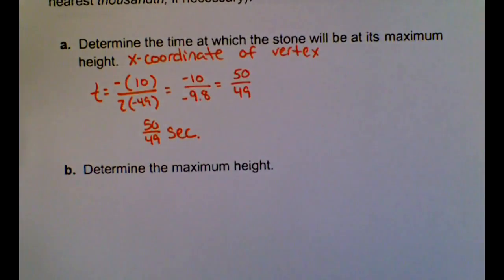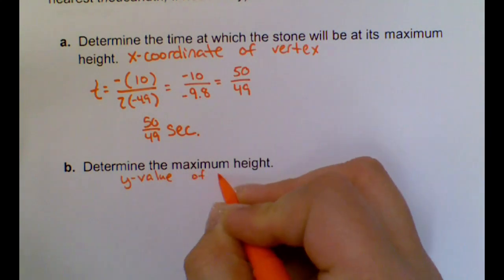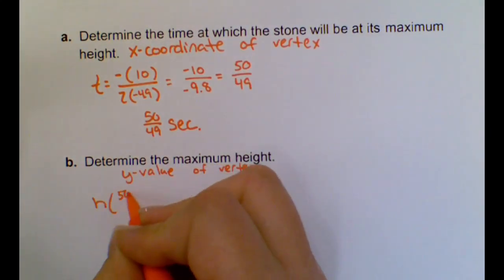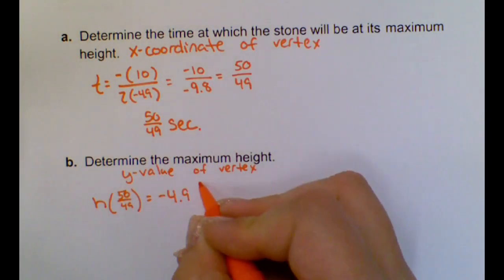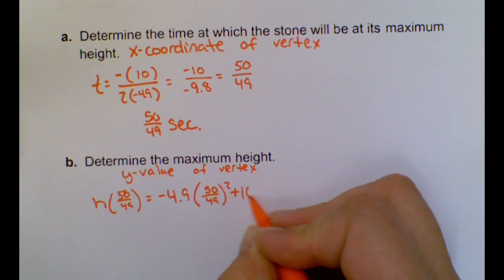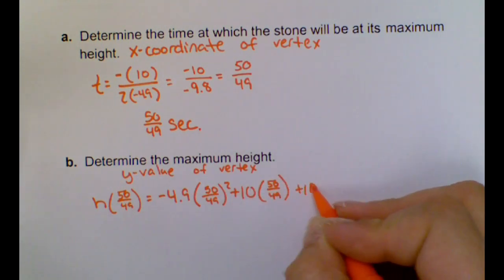What is the maximum height then? Well, that's the y value of the vertex. So we are going to take h of 50 over 49. So we have negative 4.9 times 50 over 49 squared plus 10 times 50 over 49 plus 100.